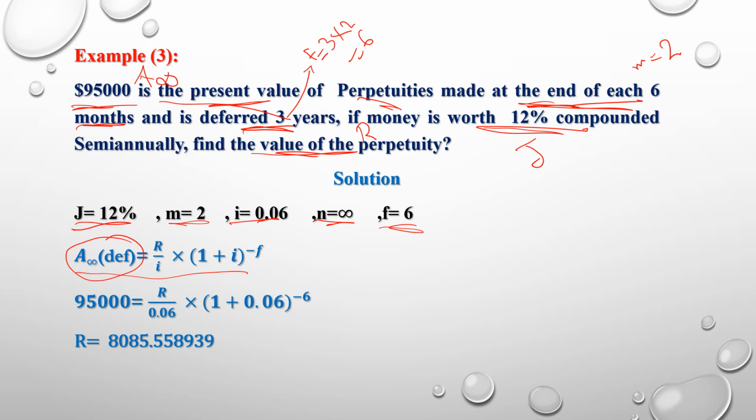And R is missing. I equals 6%, (1 plus I) to the power minus 6. So by multiplying the present value, 95,000, times I, which is 6%, over this value, we get R, which equals this amount.